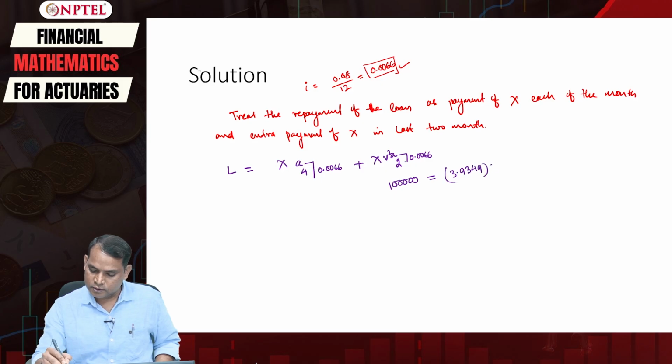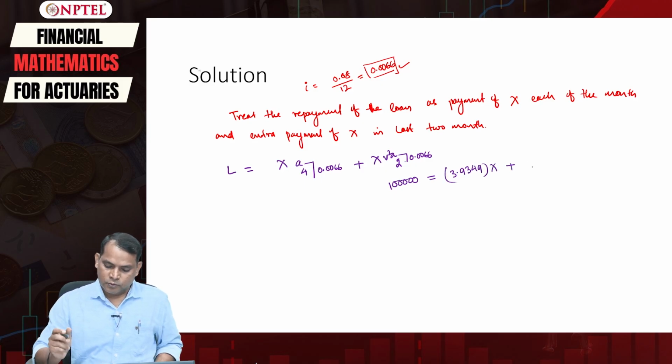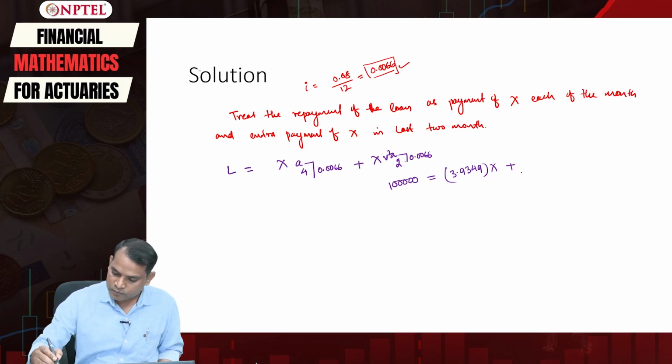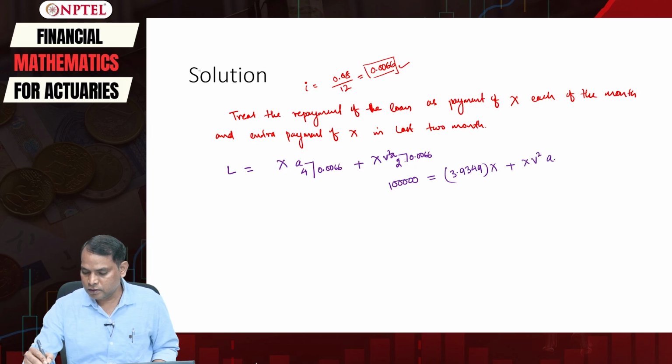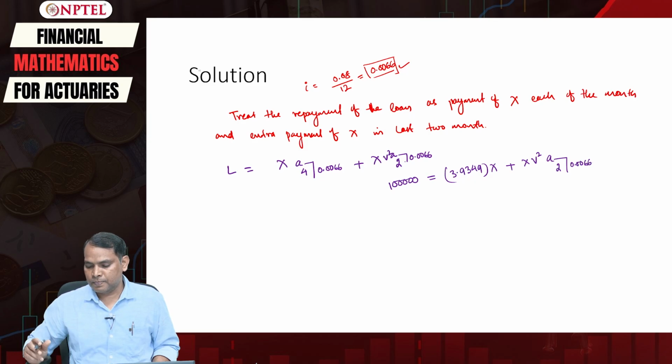So you can put here, plus, as it is, v squared a angle 2 at 0.0066.